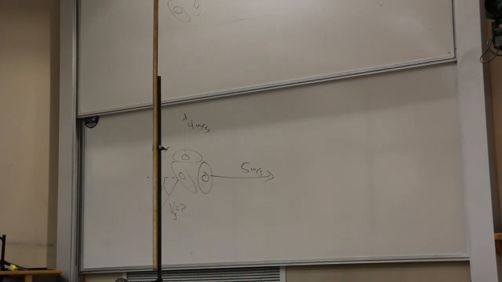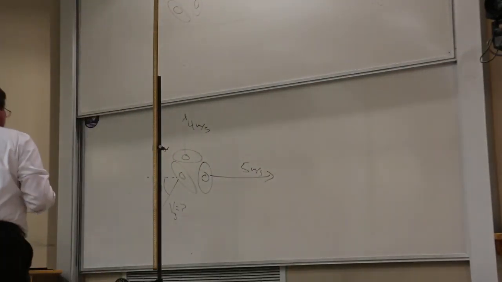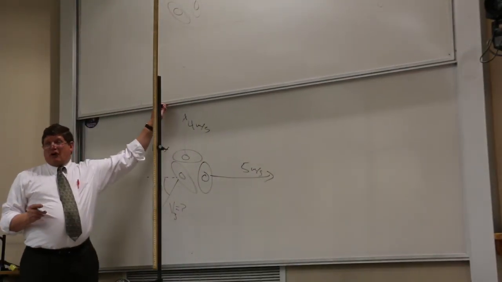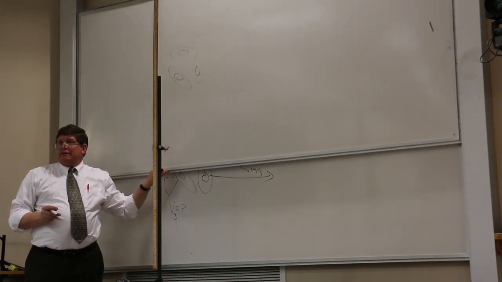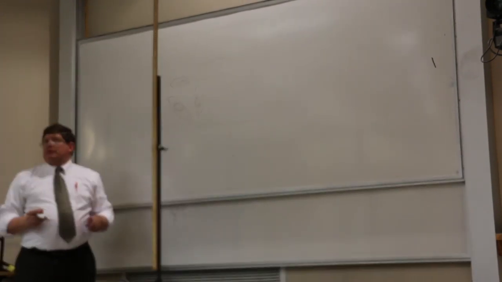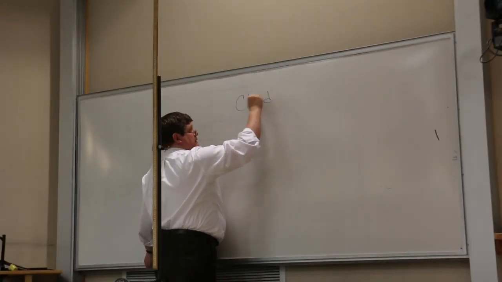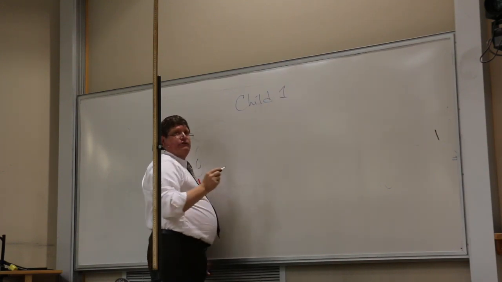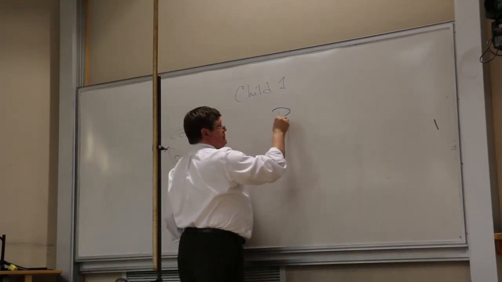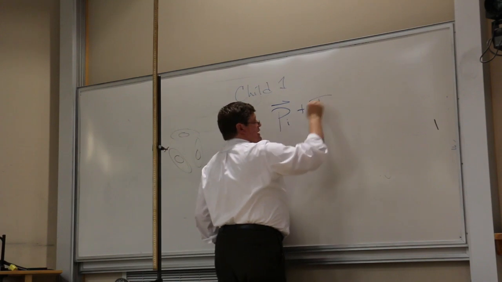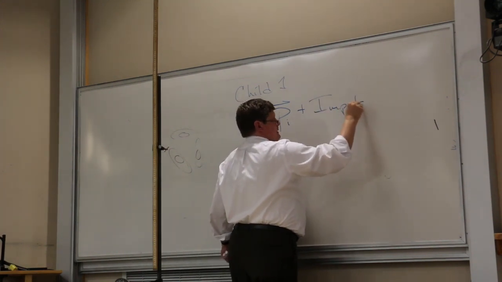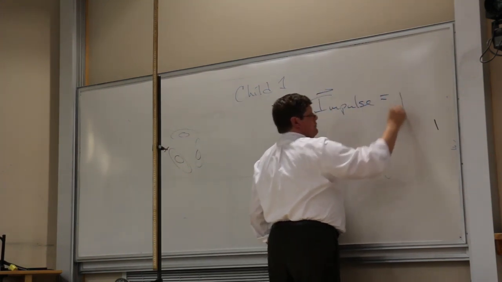However, if I'm only looking at child 1, her momentum's not conserved, and that means that she experienced an impulse. So if I just look at child 1 and use the general momentum plus impulse is equal to final momentum.